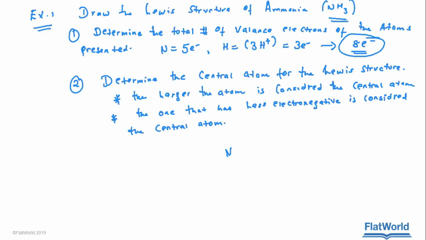So you don't have any choice. You have to put nitrogen in the center because nitrogen can occupy more space than hydrogen in its orbital. So we put nitrogen and we put hydrogen on the side.